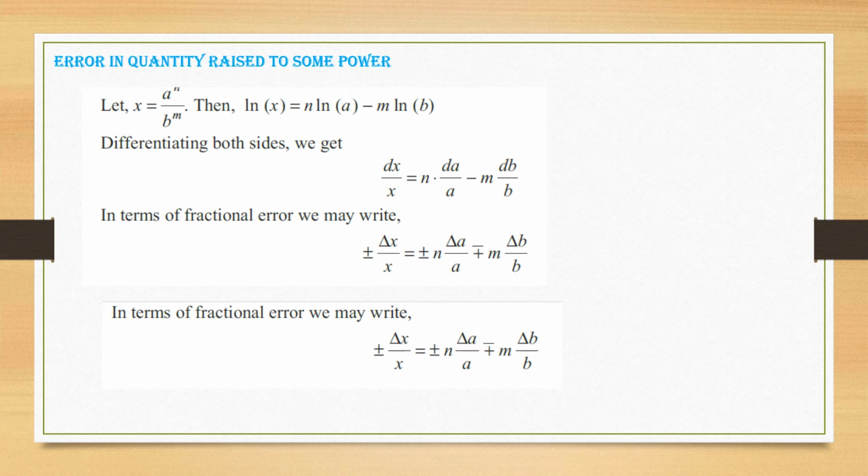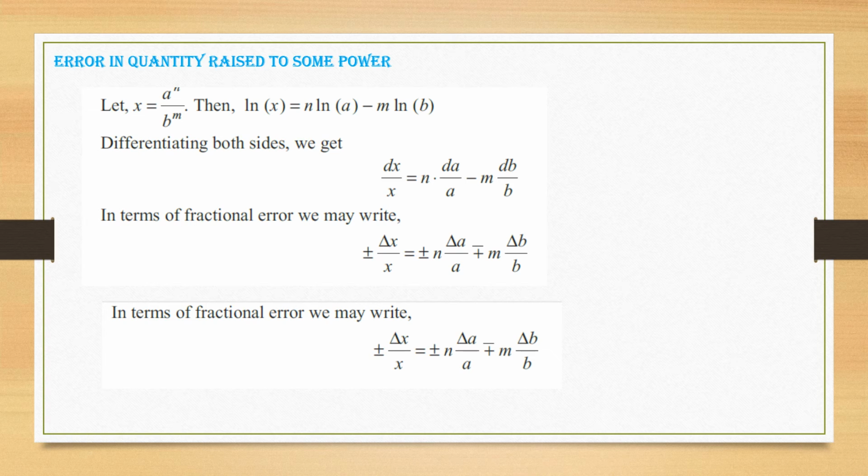Now take a look at powers. When two quantities are measured and they have powers, we just take the logarithm and differentiate. We get the answer: the relative error in the resultant equals the power times the relative error.